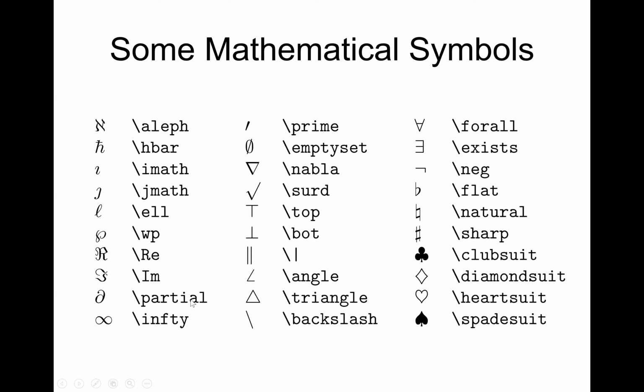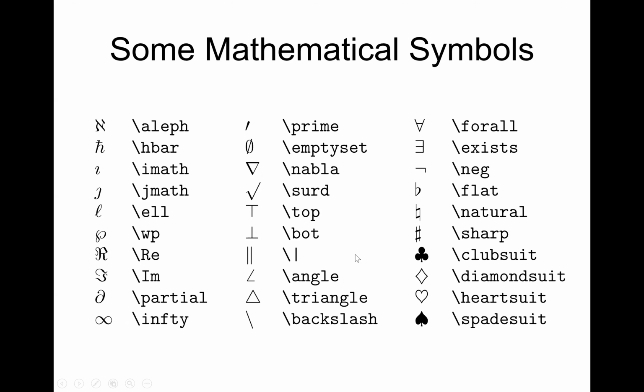Something like the partial differential, infinity, things like triangle, the square root, then nabla, empty set, prime, for all, there exists, and there is this negation.